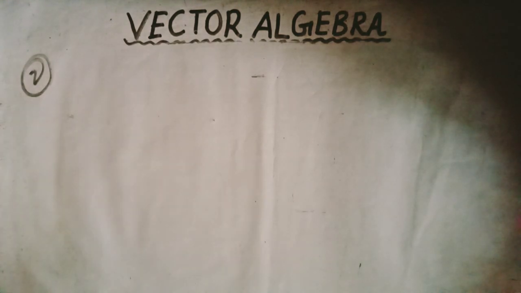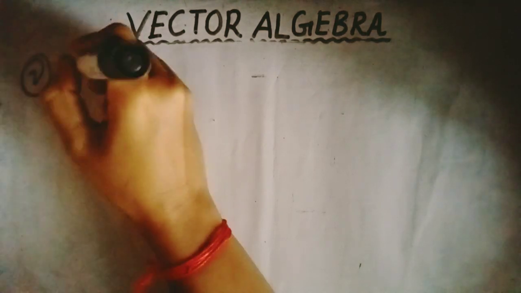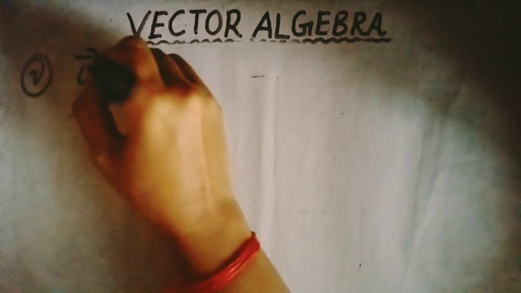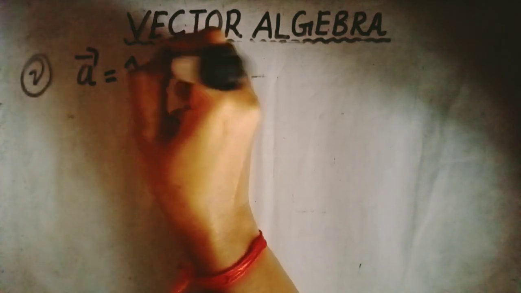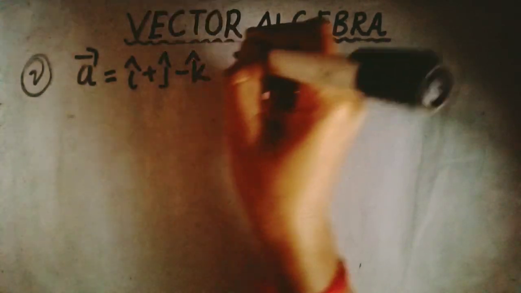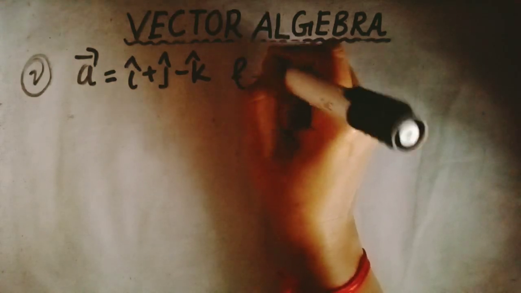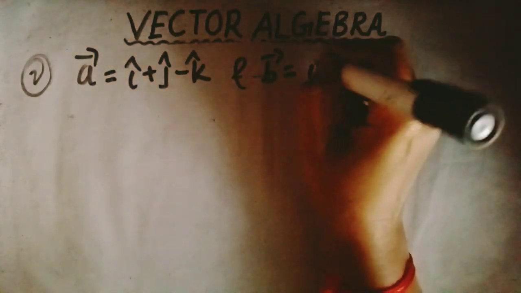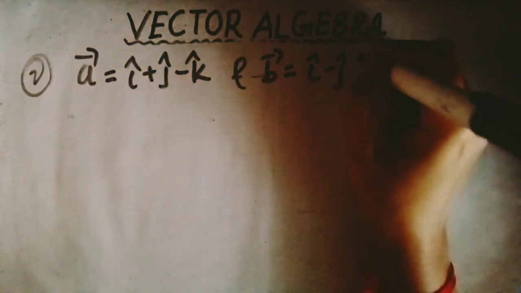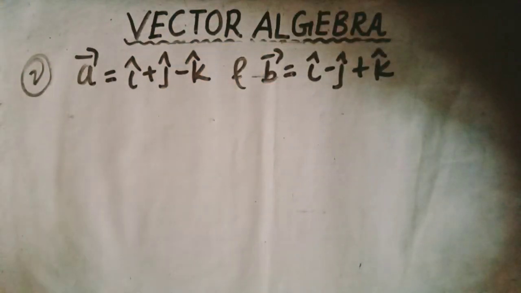Second question, find the angle theta between the vectors A and B. Now your vectors are given: A is i plus j minus k, and B vector is i minus j plus k. Now you have to find the theta, right?